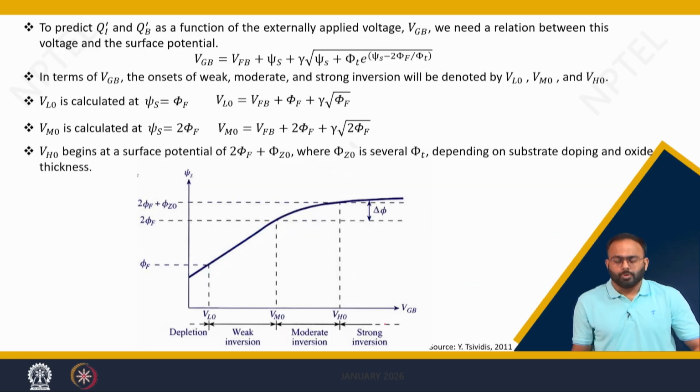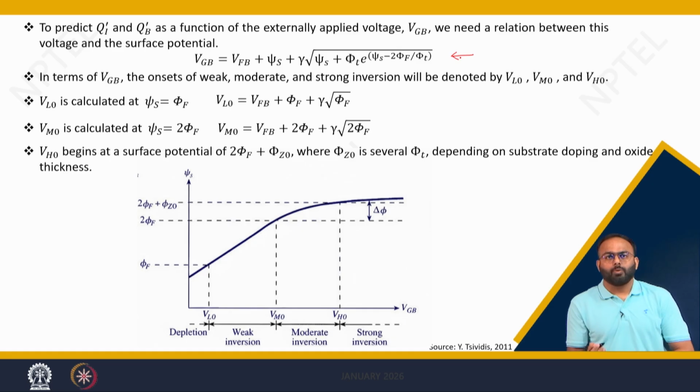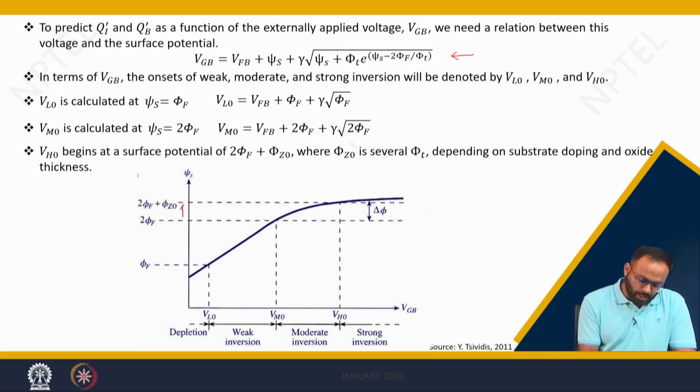If I want to rewrite this equation in terms of what amount of gate voltage is required to cause inversion, or what amount of charge above the surface potential value 2 phi f. If we plot the surface potential versus VGB graph, then what we saw is this graph is almost linear in the weak inversion.